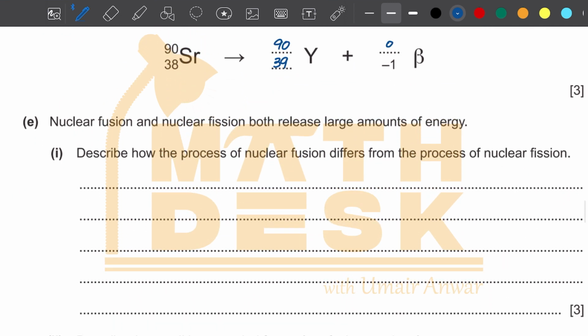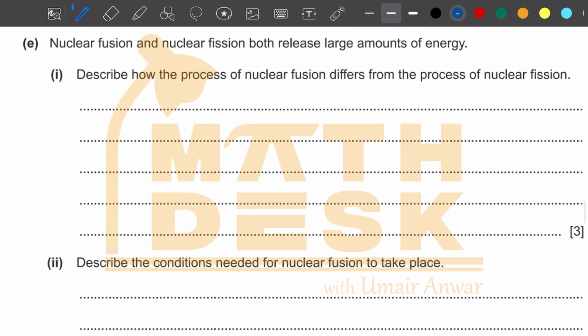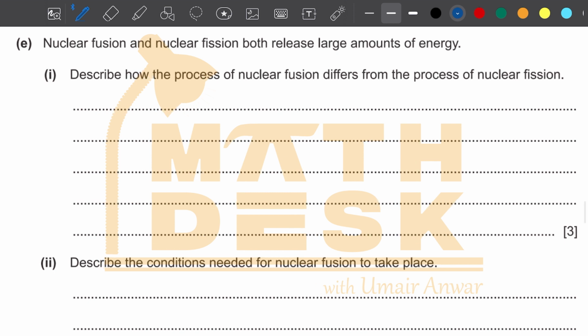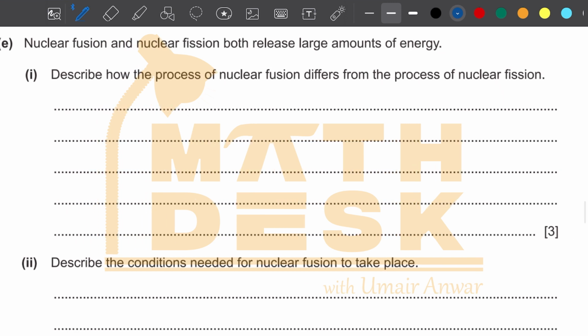Nuclear fusion and nuclear fission both release large amounts of energy. Describe how the process of nuclear fusion differs from the process of nuclear fission.